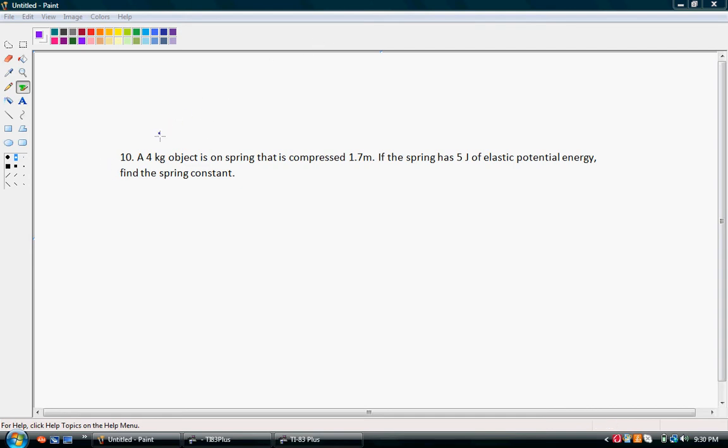Alright, so this here, 4 kilograms, that's going to be our mass. And the object is on a spring that is compressed 1.7 meters. So that's a distance. We know that's going to be our x as far as this elastic potential energy is concerned. And then we know that the spring has 5 joules of elastic potential energy.